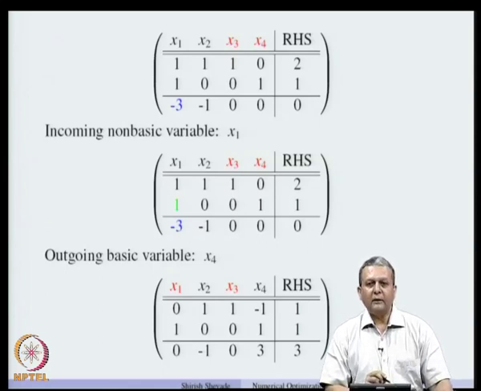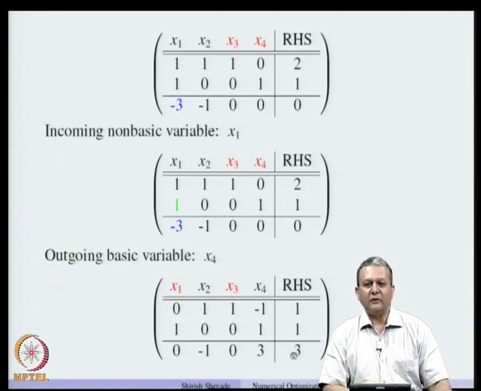But note that we started from the objective function value of 0, and currently the objective function value, which is the negative of the entry in this cell, is -3. So, we have made progress in the objective function by making x1 a basic variable and x4 a non-basic variable.